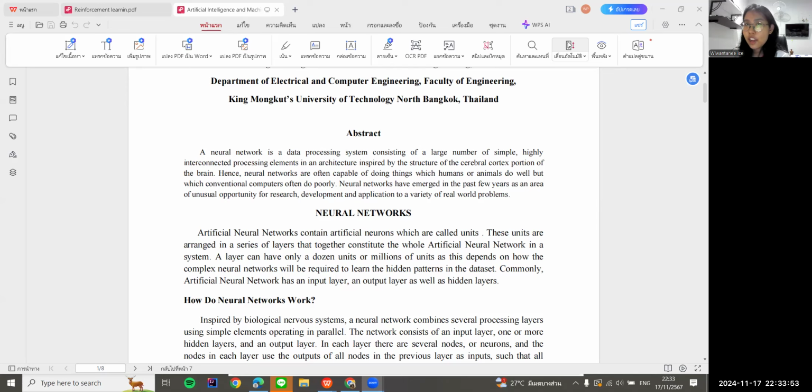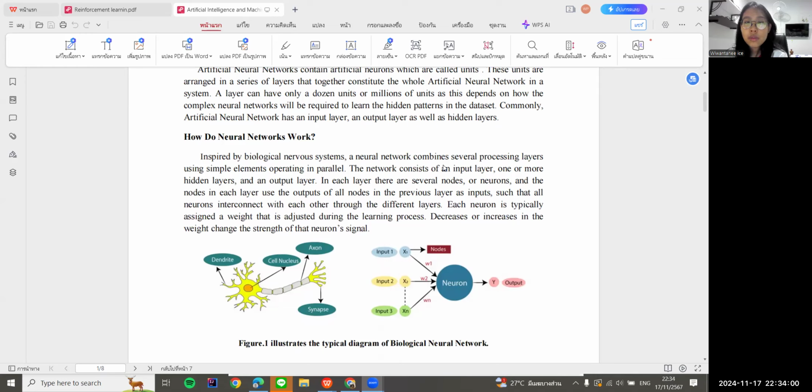How does a neural network work? Inspired by the biological nervous system, a neural network combines several processing layers using simple elements operating in parallel. It consists of an input layer, one or more hidden layers, and an output layer.